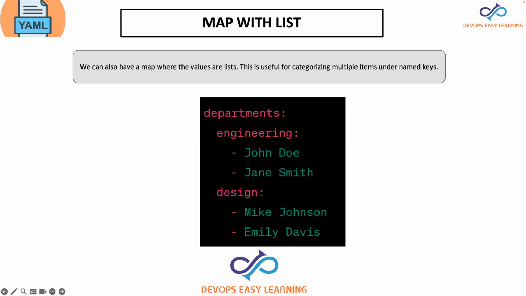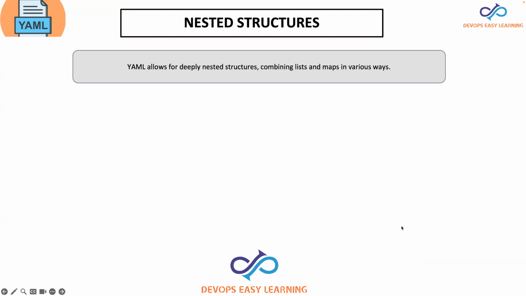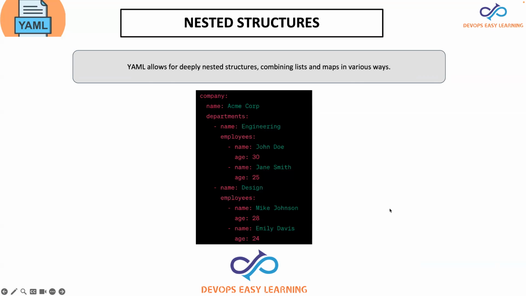Another element we are going to cover is the nested structure. All this represents a map, and inside that you have a map with list, and inside the list you have another list. So those are nested structures, which are a combination of lists and maps in various ways.